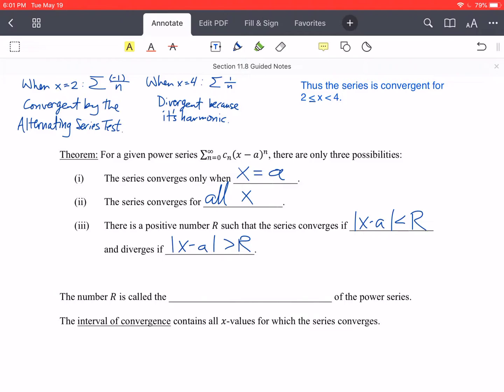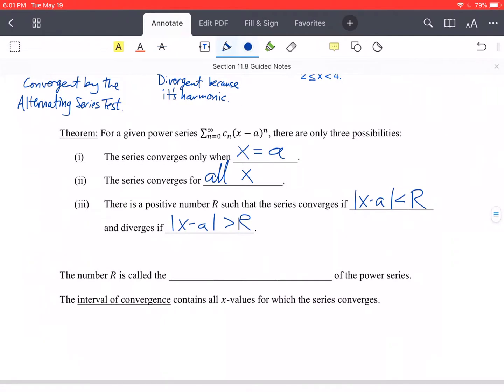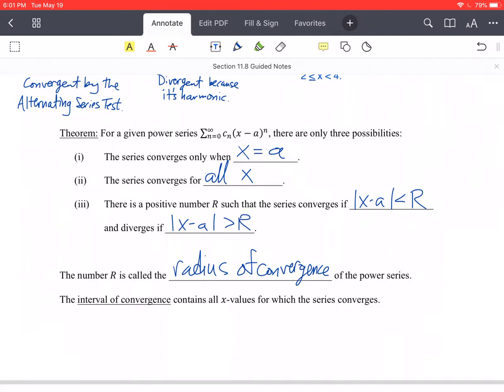If it's greater than r, it diverges. The number r is called the radius of convergence of the power series, and the interval of convergence contains all x values for which the series converges.